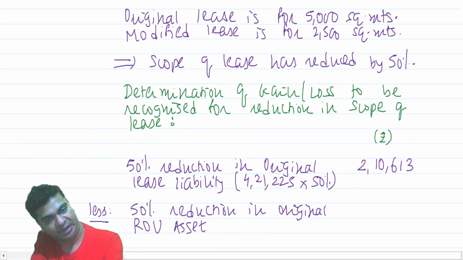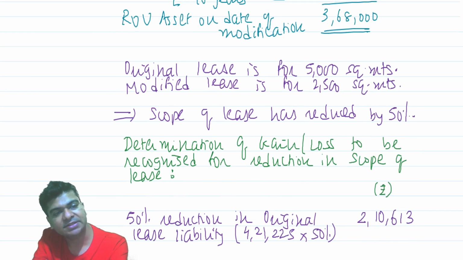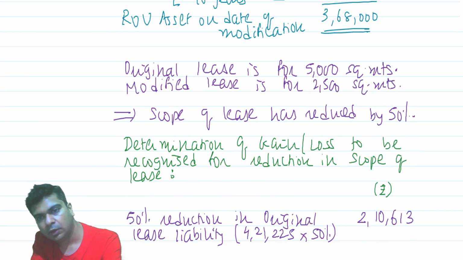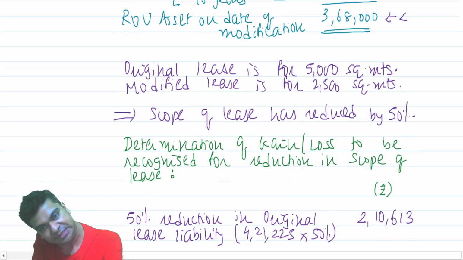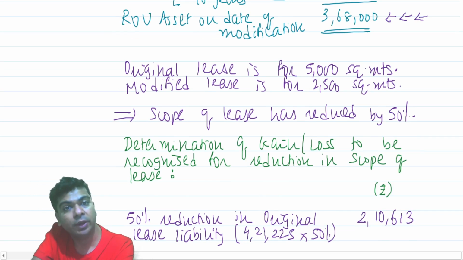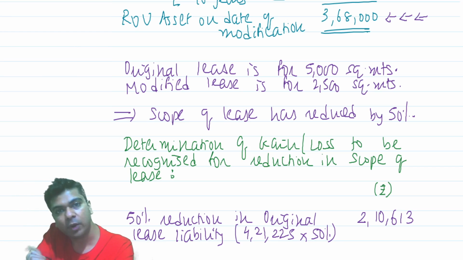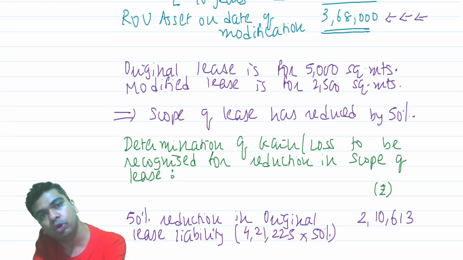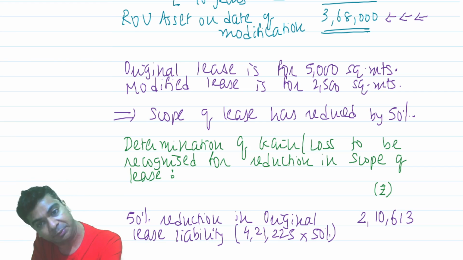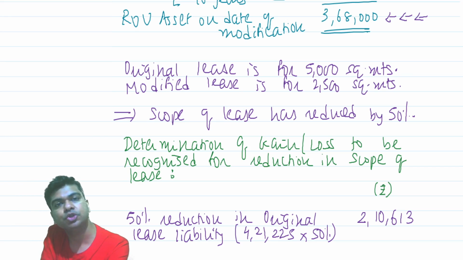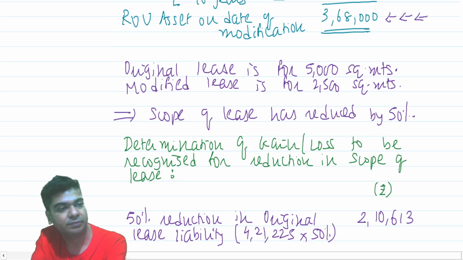The same logic over here. This ROU asset that you are showing as 3,68,000 is the balance for the ROU asset for 5,000 square meters. Now the balance of the ROU asset should be for 2,500 square meters. So 3,68,000 should also be reduced by 50%.